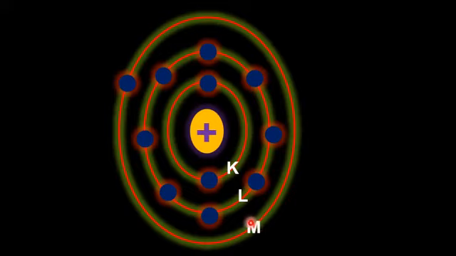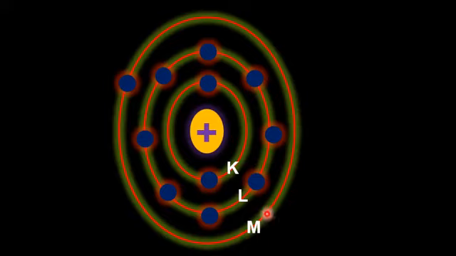However, in the sodium atom, the K and L shells have 10 electrons, so only one electron is left, and that electron will be present in the M shell. The electron present in the M shell of a sodium atom is known as the valence electron, whereas the M shell in sodium is known as the valence shell.